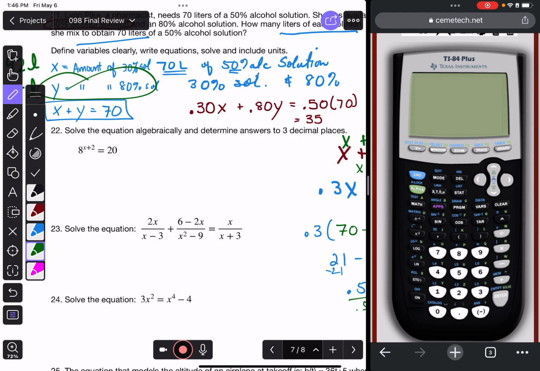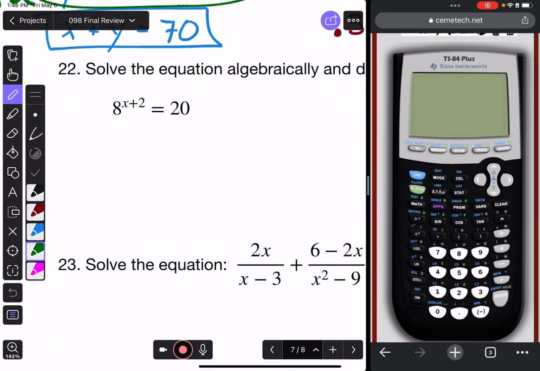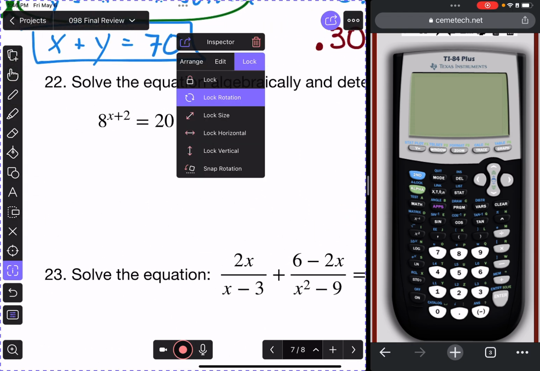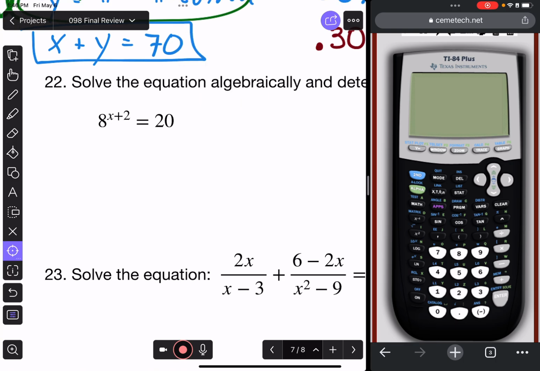Let's see here, number 22. You see how they're solving for the exponent right there? Okay, so this is one that we actually want to turn into logarithmic form. So there's a couple ways to do it.